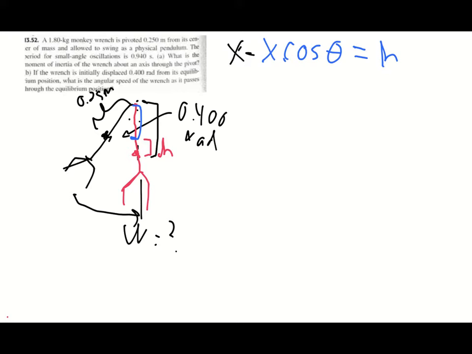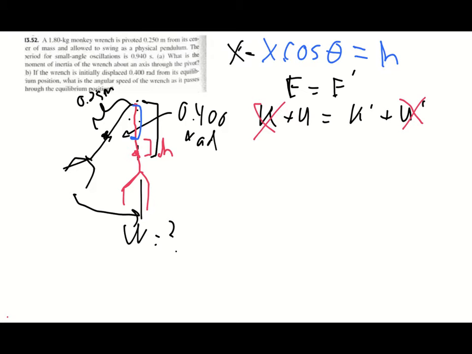So again, we're going to conserve energy. E equals E prime. For us, that's going to mean K plus U equals K prime plus U prime. We're going to say K is equal to 0 because it's still, and U prime is going to be equal to 0 at the bottom.